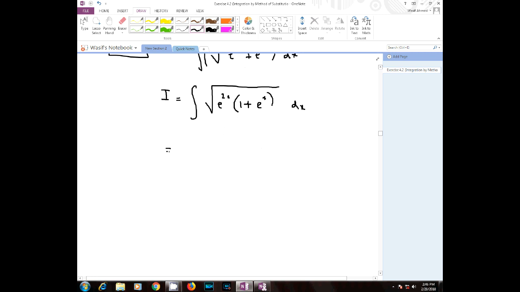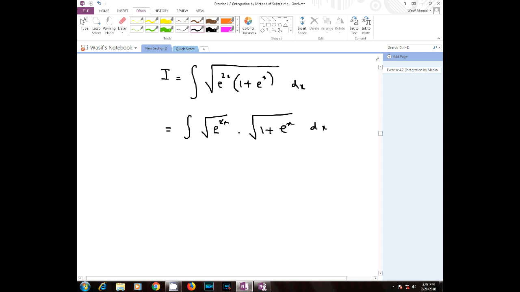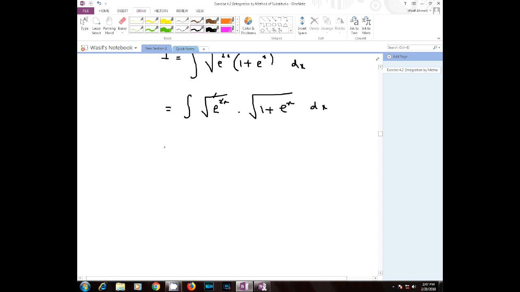So now separate the square root. You have e raised to the power 2x multiplied by square root of 1 plus e raised to the power x dx. 2 gets cancelled with the square root since it is in the power, because e raised to the power 2x can be written as e raised to the power x whole square.